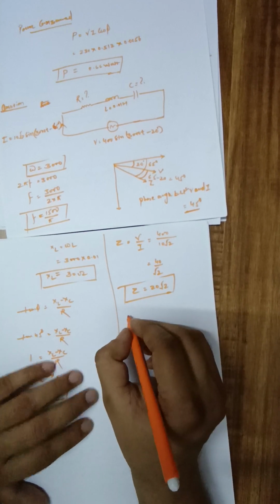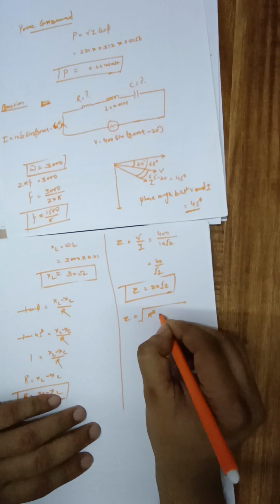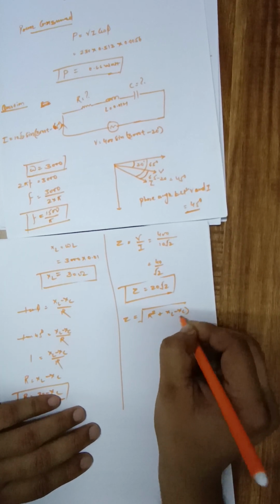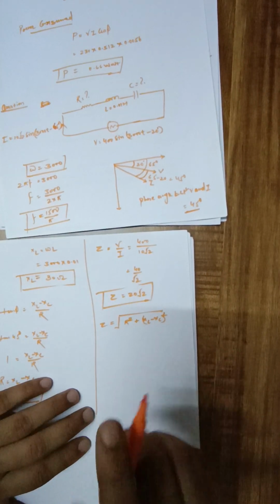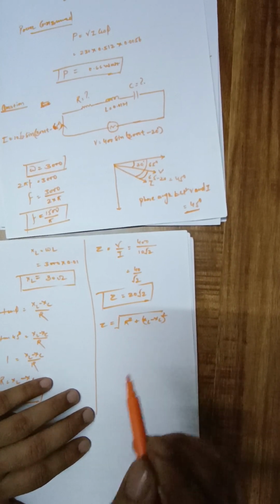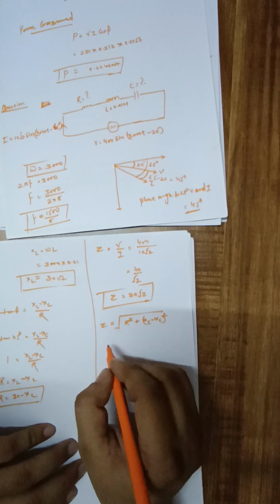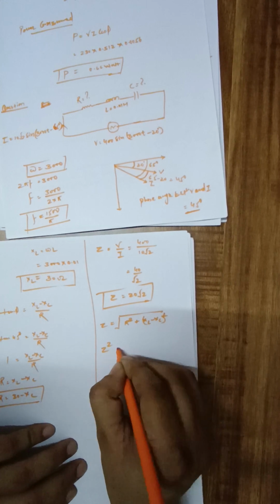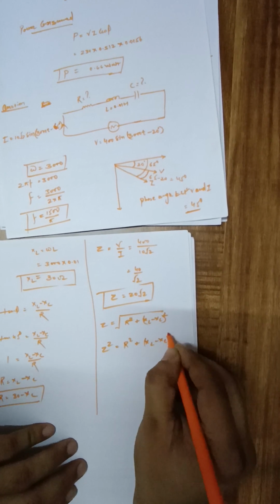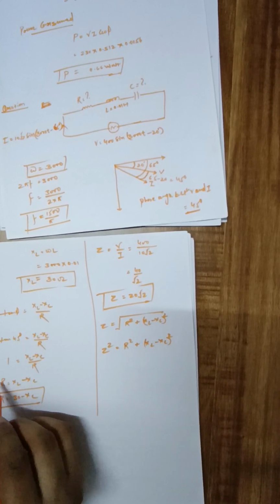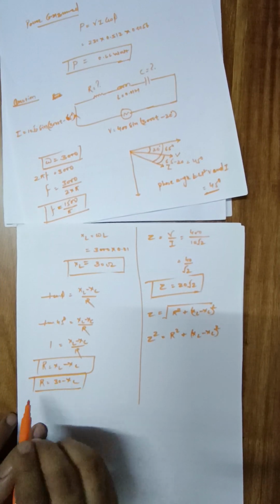Now, what will be the value of Z? Z equals under root R square plus XL minus XC square. So Z square will be equal to R square plus XL minus XC square. Here from this equation you can write R equal to XL minus XC.